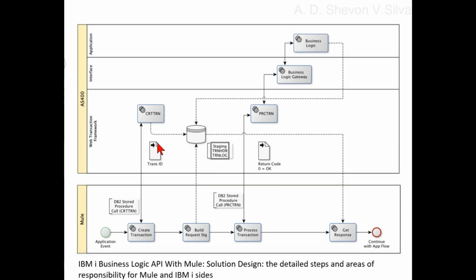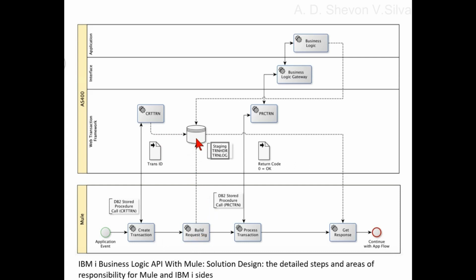And here you can see the transaction ID, and staging here TRN HDR, TRN log. And here the create transaction is connected to build request STG, and it's connected to the staging here.